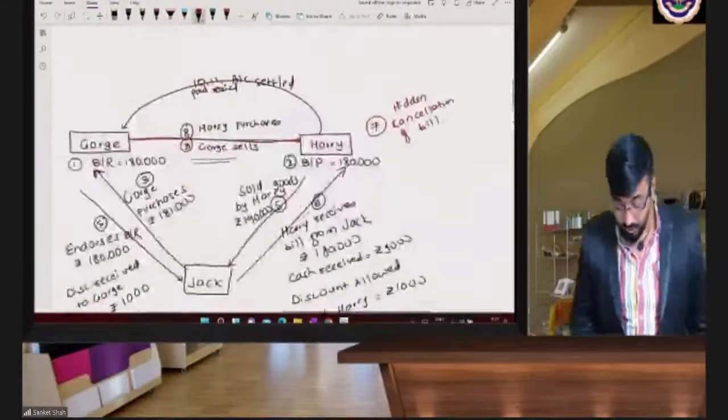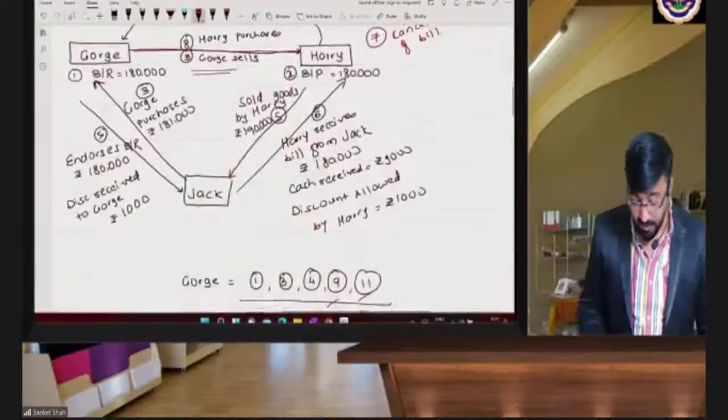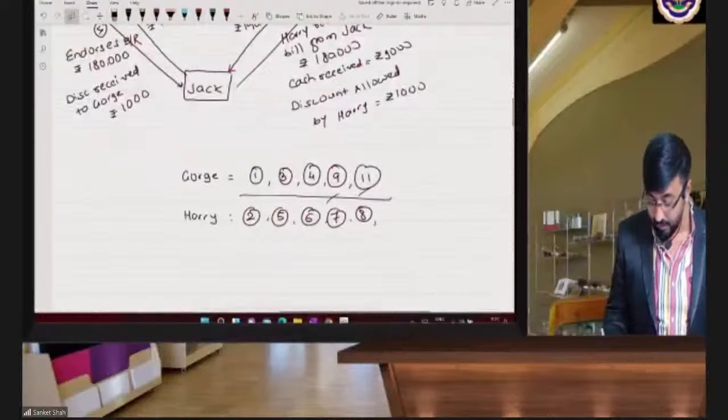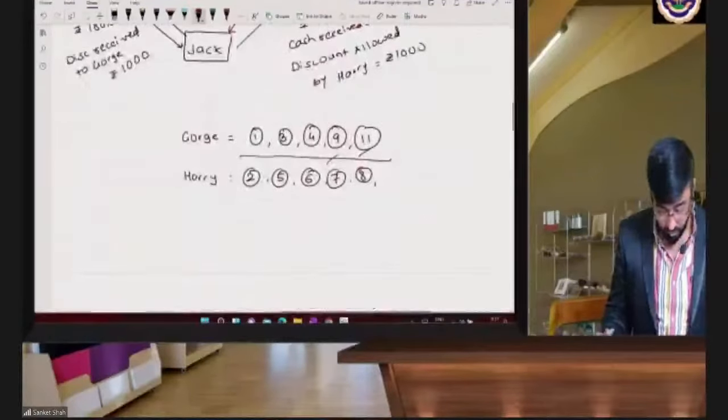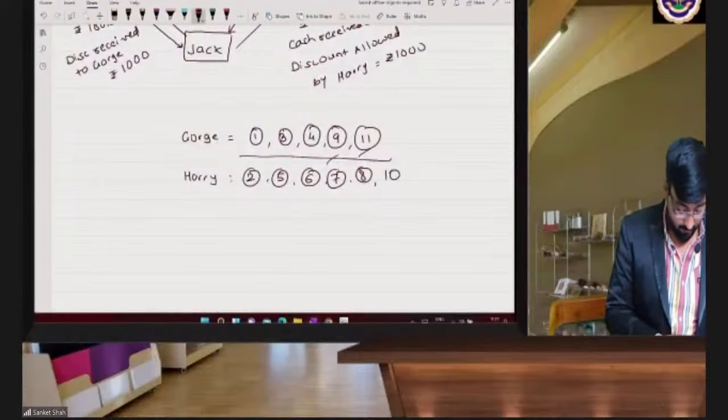Number 8, he's going to purchase goods, and the last one, he's going to pay that person, so the last entry is number 10. So there are total 6 entries.